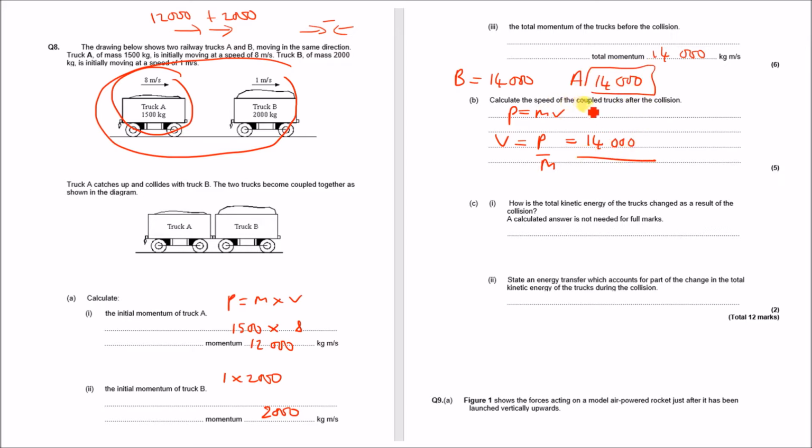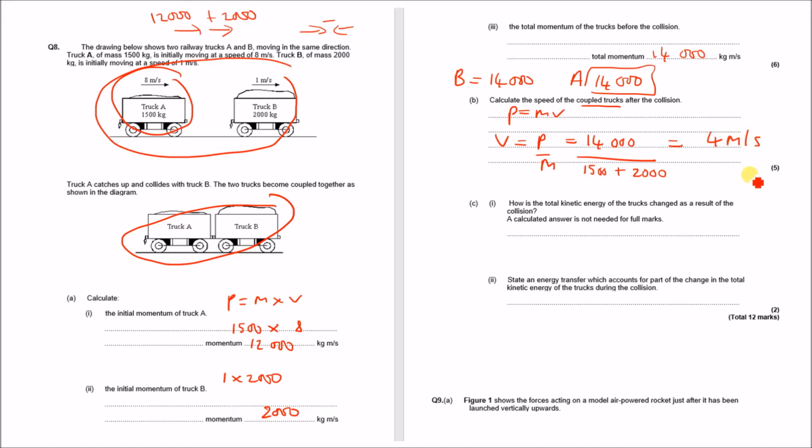It says the coupled trucks. This means they are together. You can see in the diagram they're both together, so we're going to divide that by the mass of both of them. So that is 1500 plus 2000. So what is that equal to? Well, that's equal to 14,000 divided by 3,500, and that will give you 4 meters per second.